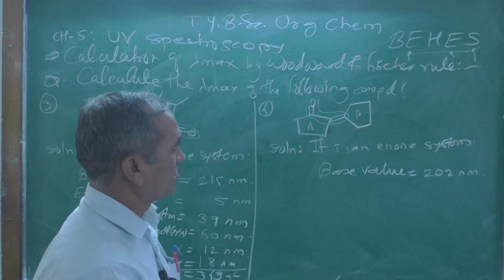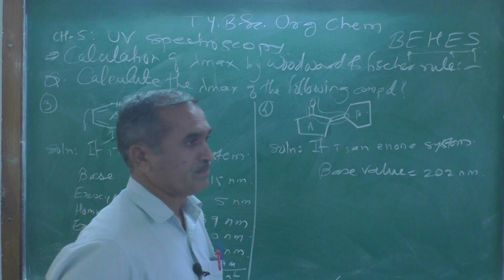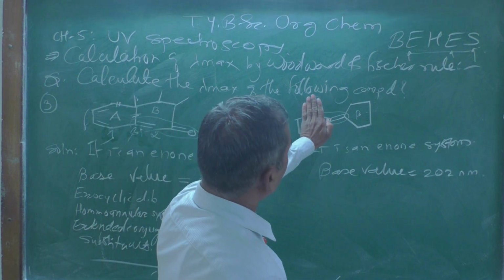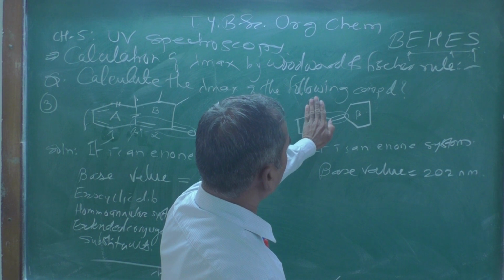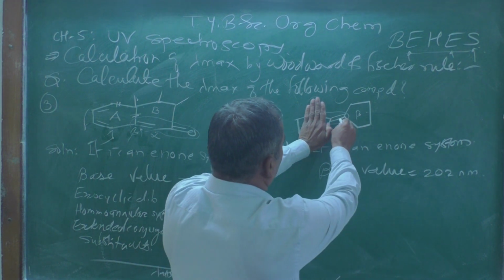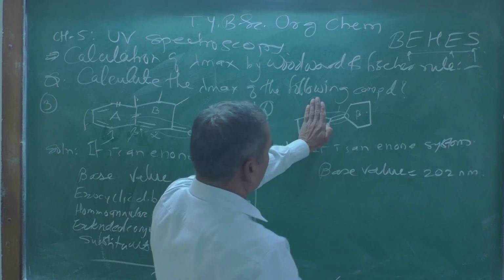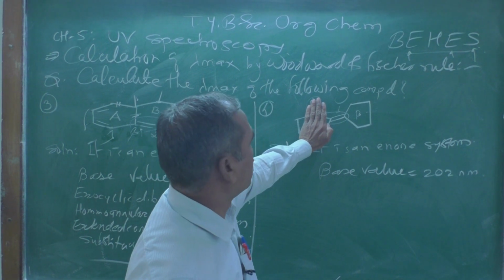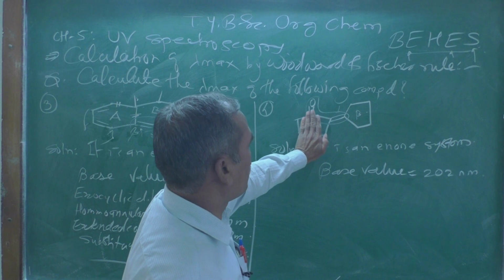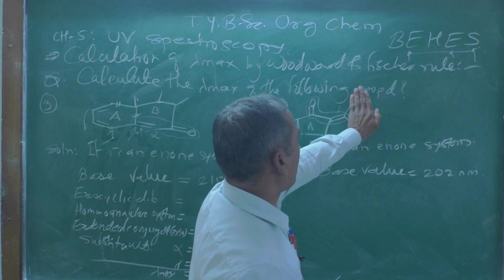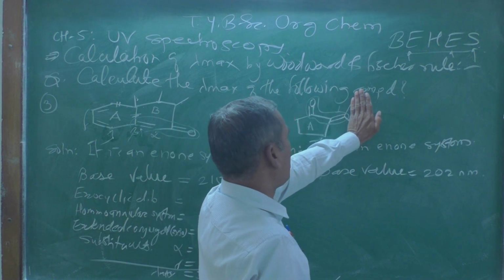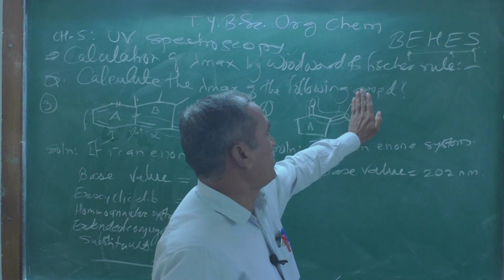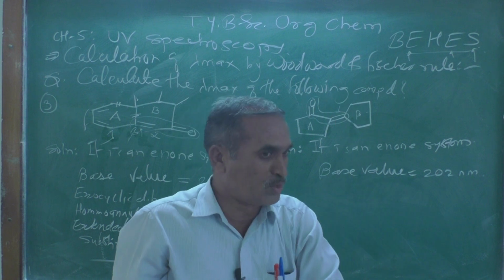Now, while identifying an exocyclic double bond, you put your hand on a ring. What do you observe here? You can see clearly there is one exocyclic double bond to the A ring. Don't count this carbonyl group. Now if you put a hand on B, you will see one exocyclic double bond, meaning this double bond is common to both rings.